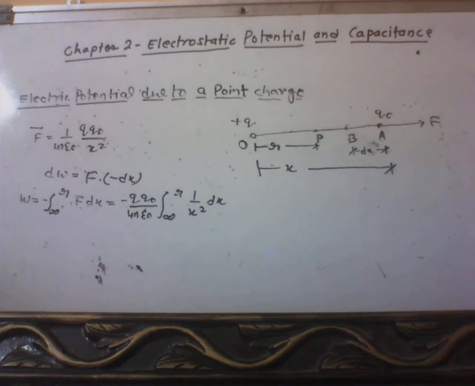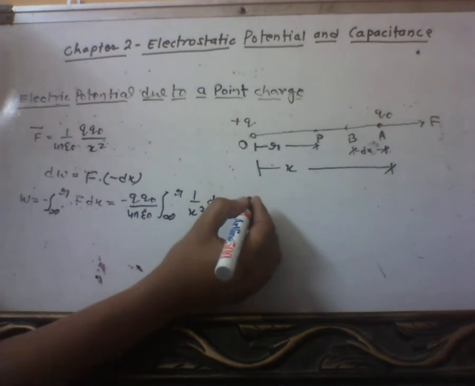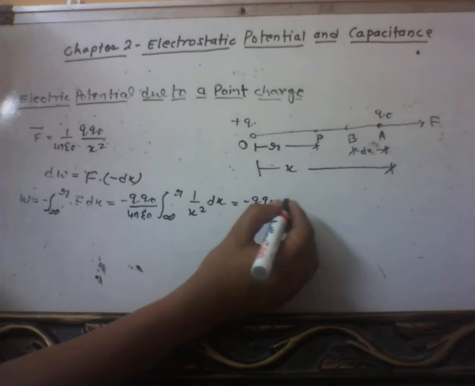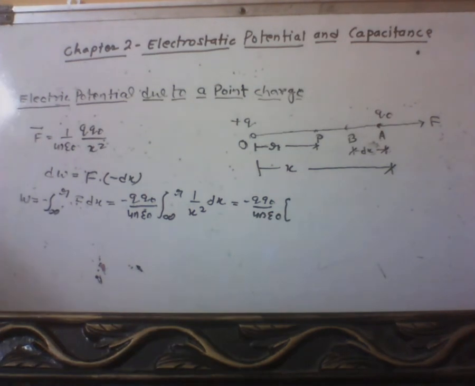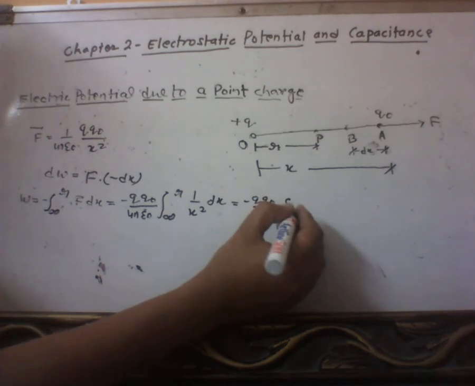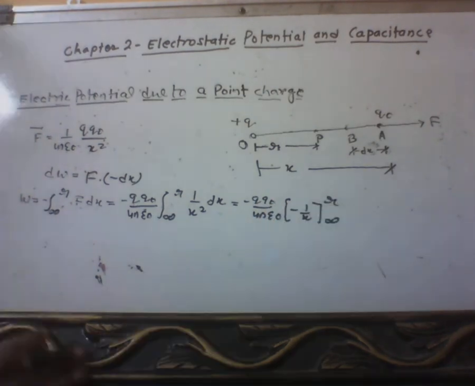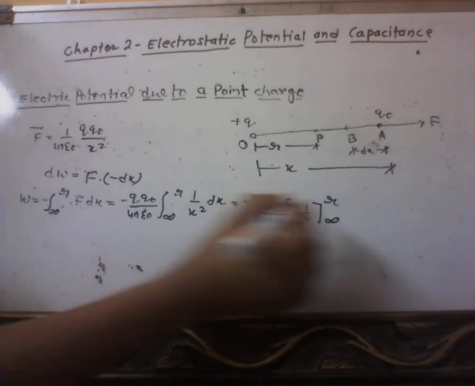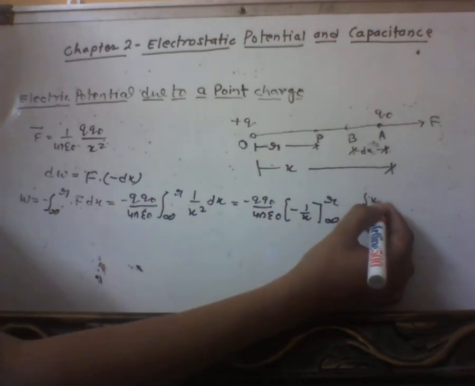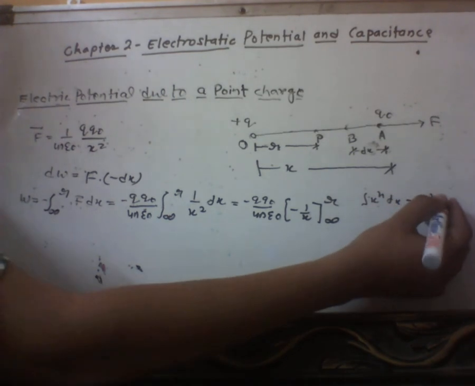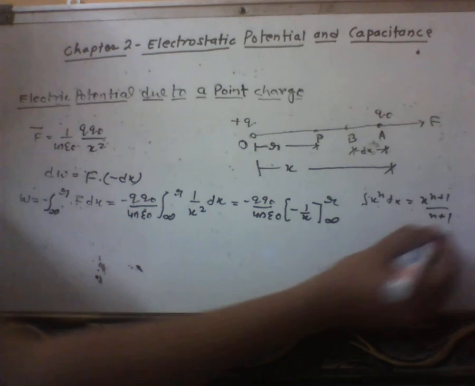Now using the integration formula, we get minus Q Q naught upon 4 pi epsilon naught times minus 1 upon x, with the limit from infinity to r. This is so because we have a formula in integration that the integral of x to the power n dx equals x to the power n plus 1 upon n plus 1.